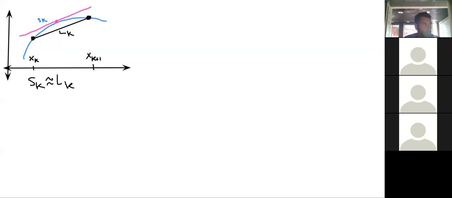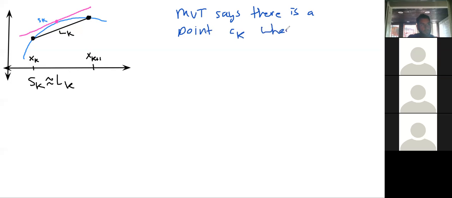This is very important. So the MVT, the mean value theorem, says there is a point C sub k where f prime of C sub k times the quantity x sub k plus 1 minus x sub k.